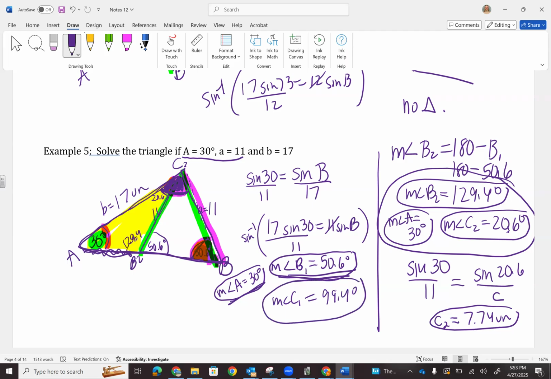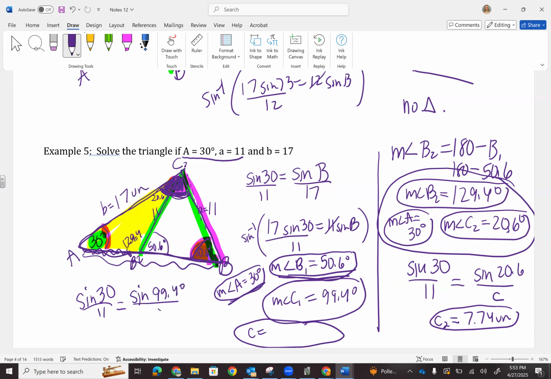So in the bigger triangle, those are our angles. Then we have to find the length of this bottom C. Sine of 30 goes with 11, and sine of the big top angle, 99.4 degrees, goes with the length of side C. If we cross multiply and solve, we get 21.7 units.